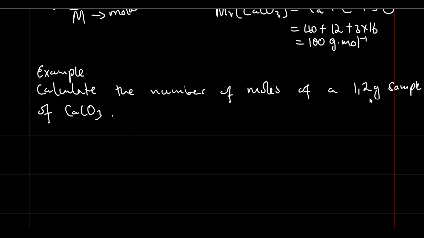So what did they give you? They gave you a given mass, which is 1.2 grams. And then what do you need? You need molar mass. Molar mass is the one that we have calculated here, which is 100 grams per mole.